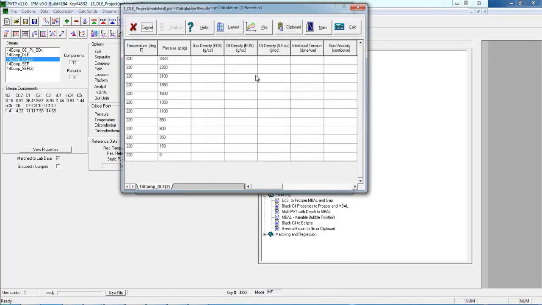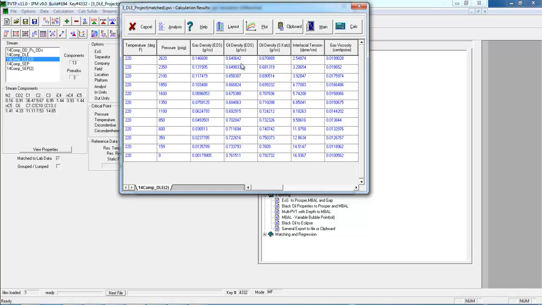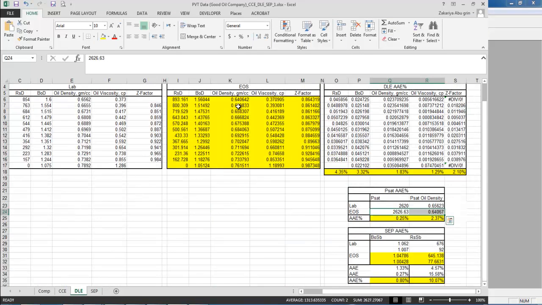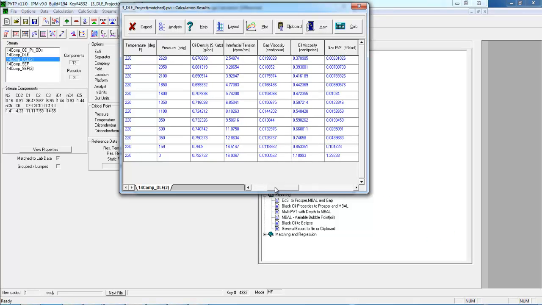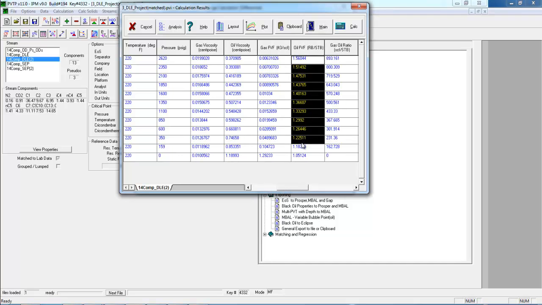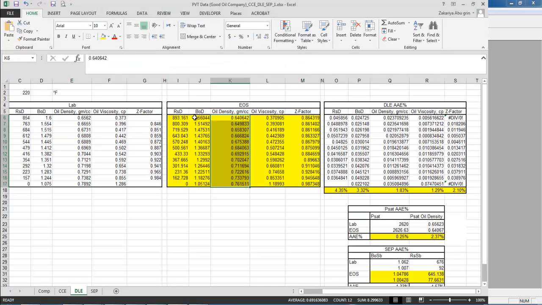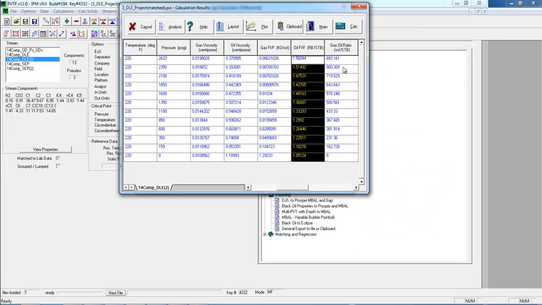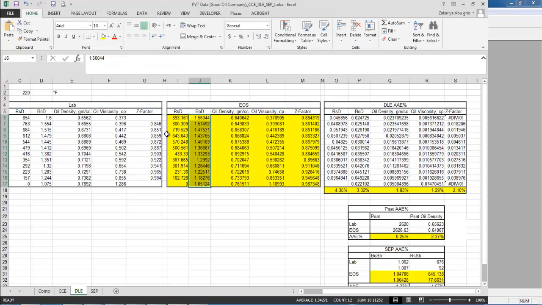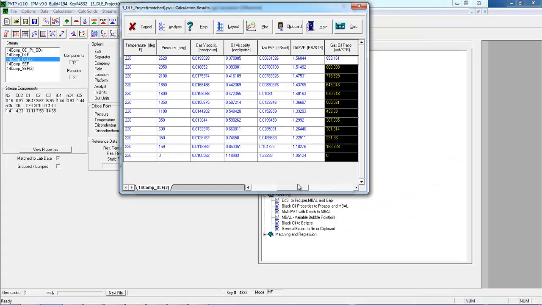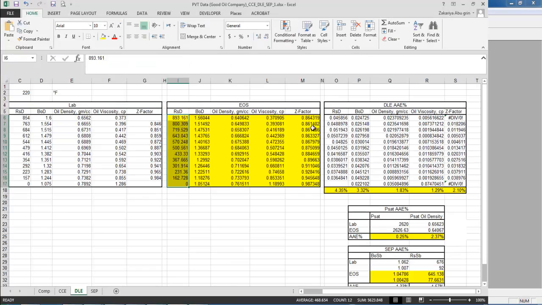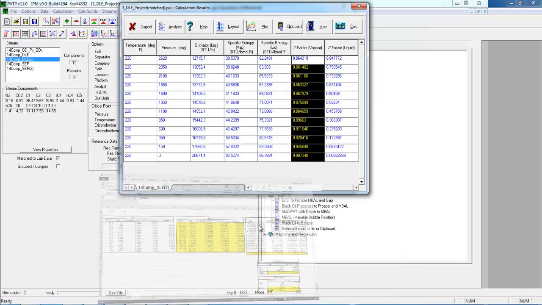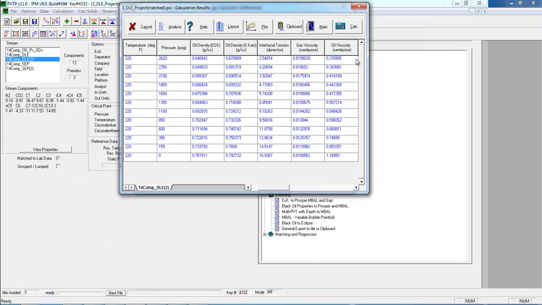So differential. I go back, start with oil density, oil formation volume factor, GOR, Z factor, and oil viscosity.